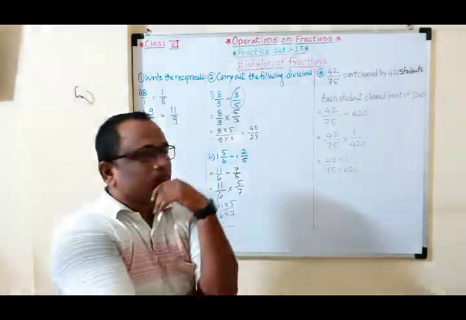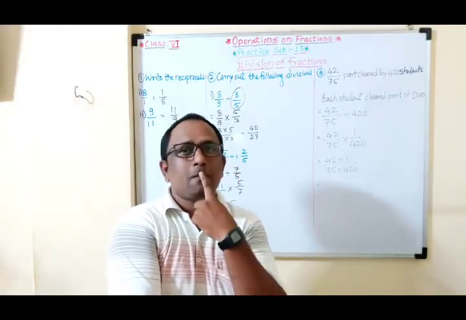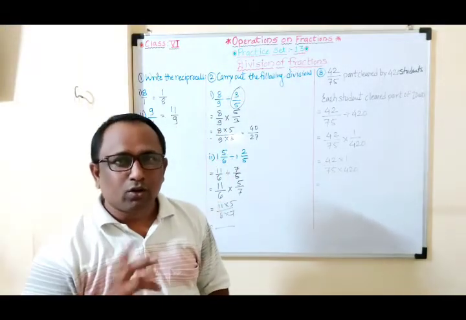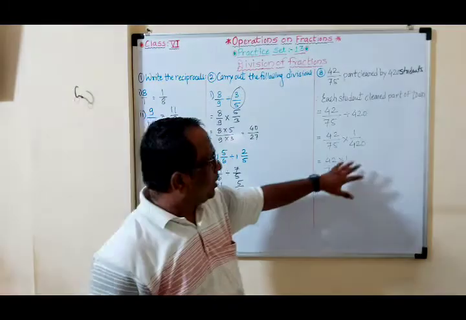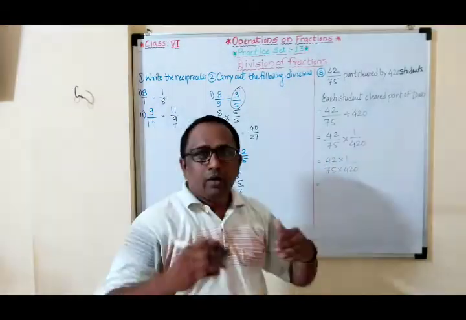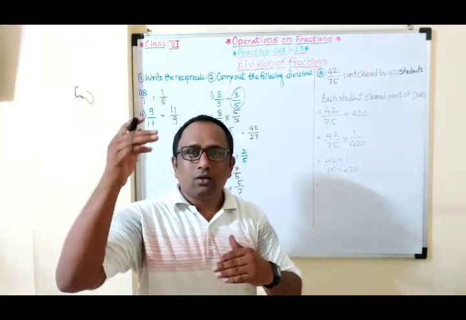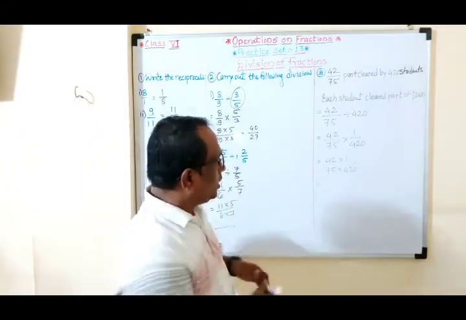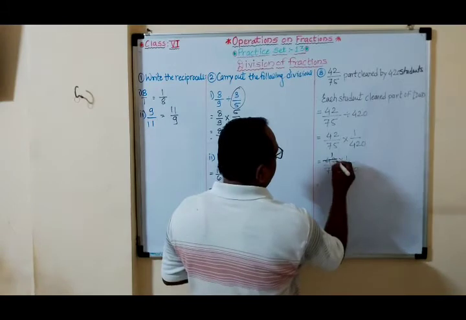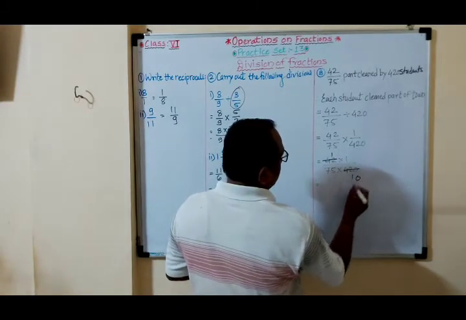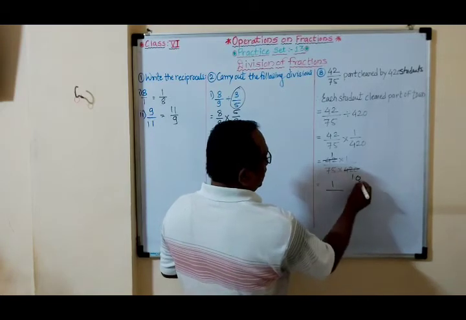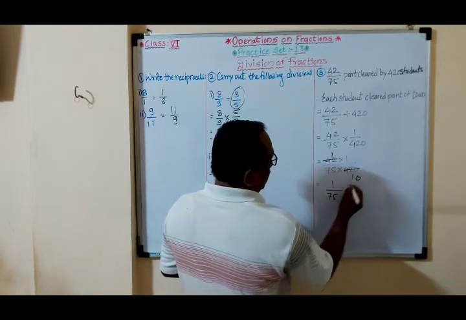Okay, can you solve this? Can you do the calculation? Okay, I will just give one clue. See students, in some examples we divide the denominator into the numerator, but not only like that. We can divide the numerator into the denominator also. So here 42 ones are 42, and 75 multiplied by 10 is 750.